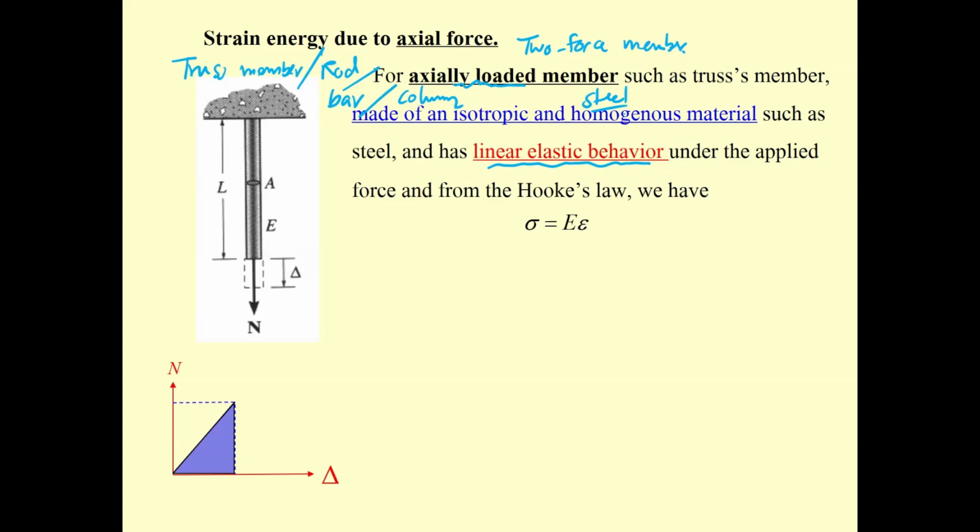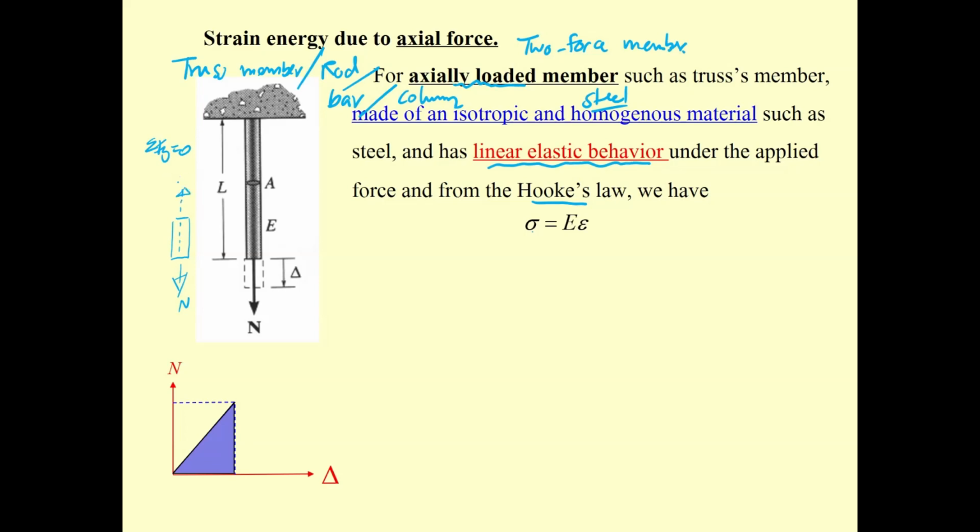Now, you have Hooke's law, and if you cut it over here, if the external force over here is N, you will have the summation of F sub y equal to 0.